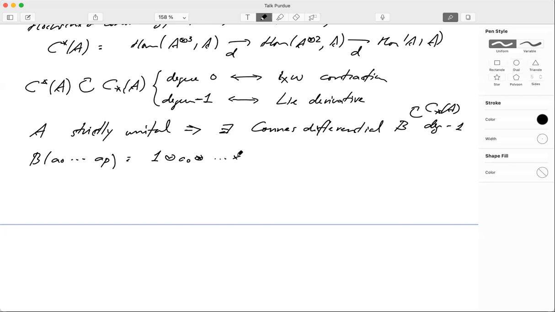I'm cheating a little bit here; for this to be actually true, we need to take a certain quotient of the complex, but let's just pretend it's true. So you put 1 in the beginning and then you sum over all permutations of this complex, A0, etc. So this B is going to take the role of the de Rham differential.